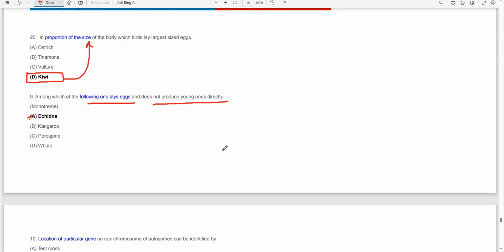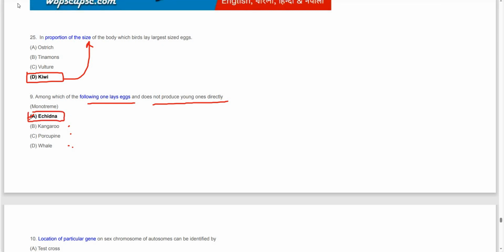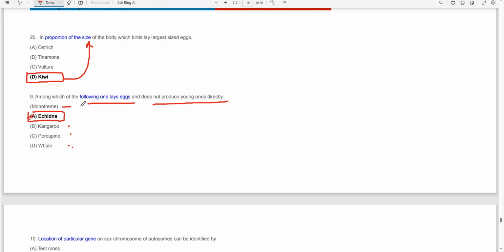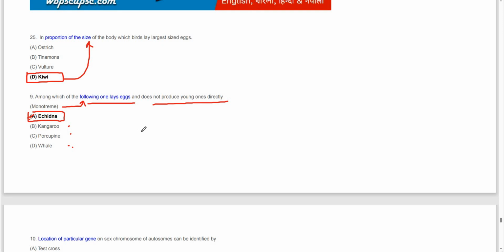It's a mammal, yet it lays eggs. Kangaroo, porcupine, whale are all mammals and produce offspring directly, but echidna lays eggs. The scientific name for egg-laying mammal is monotreme. So echidna is a monotreme. Moving on to the next question.